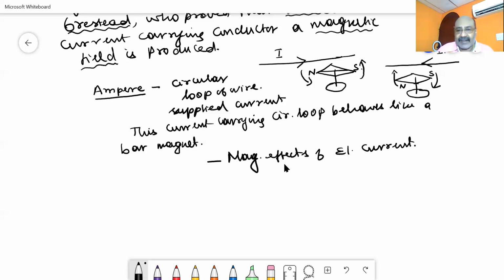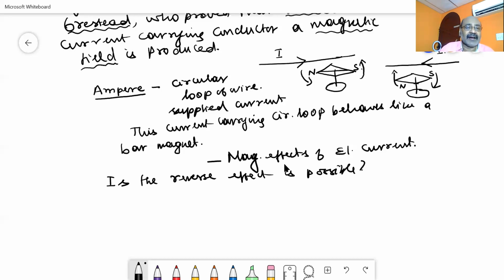So, after determining this, a question arises: is the reverse effect possible? What we have studied already is that electrical current is converted into a magnetic effect or magnetic field. Electrical effect is converted into magnetic effect.